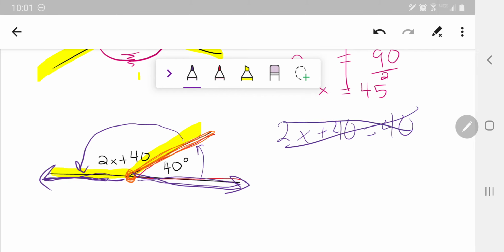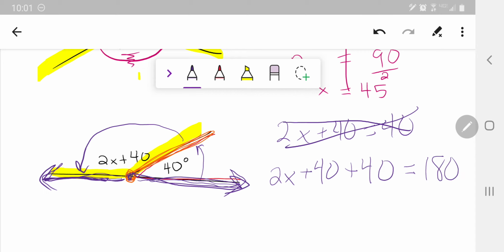We know that since they're adjacent angles whose non-shared sides make a 180-degree angle, they're going to add 2x plus 40 to equal 180. Now you might be thinking, why did I put plus 40 plus 40? Well, because there's a plus 40 over here, and then we're going to add this angle to it. So there's my 2 40s. So 2x plus 40 plus 40.